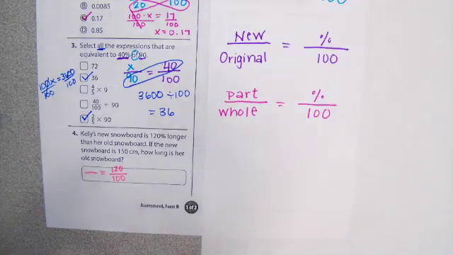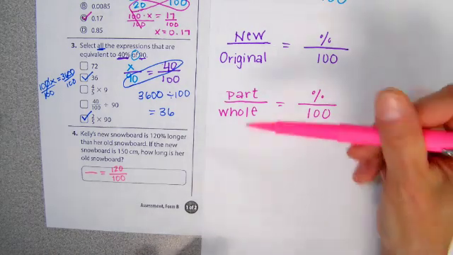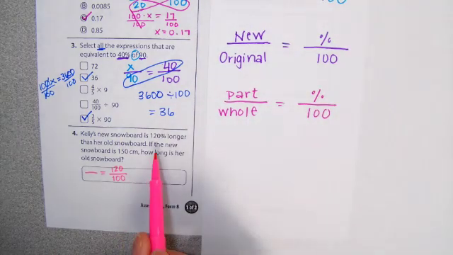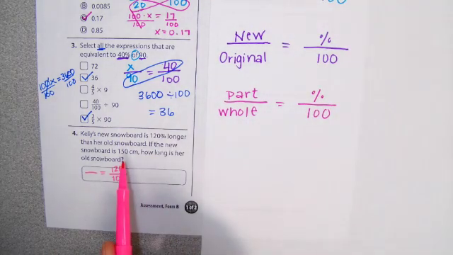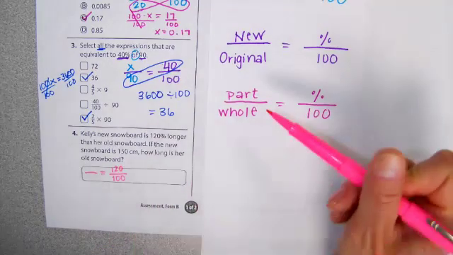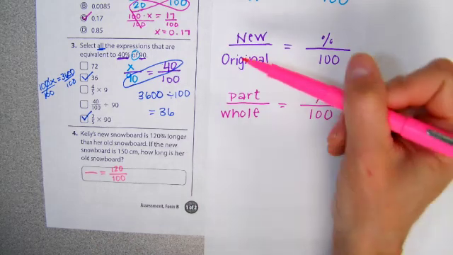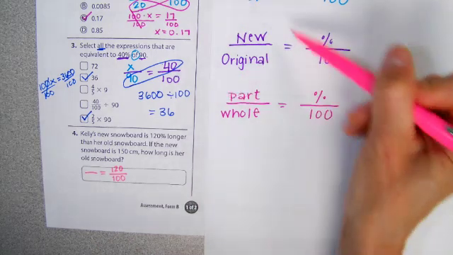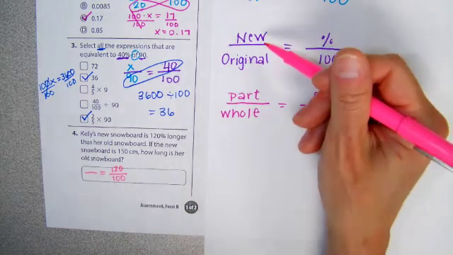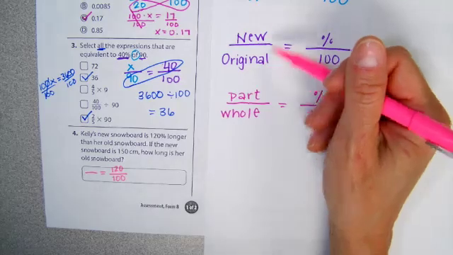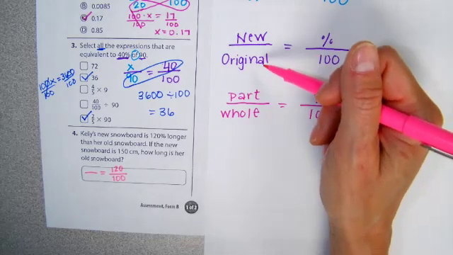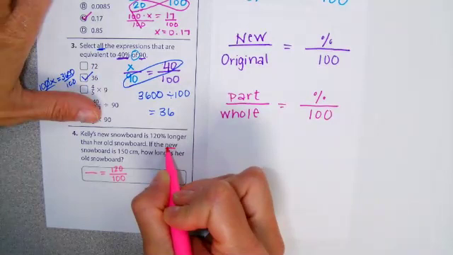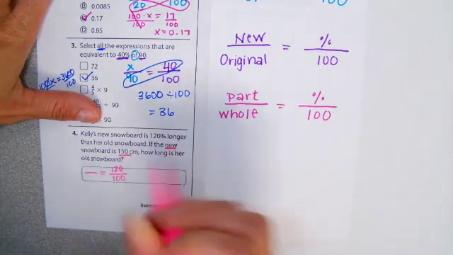Here is where students get a little confused with the part and whole. The new one's 150 and it's longer. So how long is the old snowboard? Is that the part or the whole? If you have something new and something old, we call it new and original. The new one is 150.